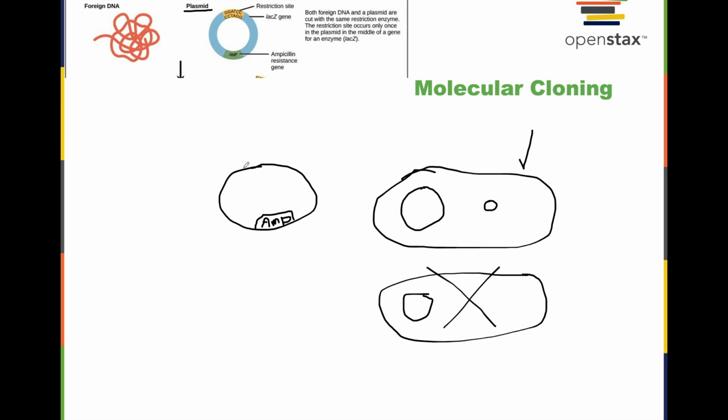Then we have this thing called the restriction site, sometimes called the multi-cloning site. Scientists designed these to be riddled with recognition sequences for all sorts of different restriction enzymes. That's where that foreign piece of DNA is going to be placed.